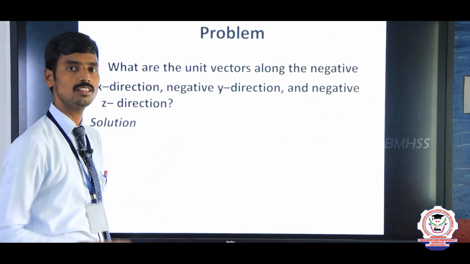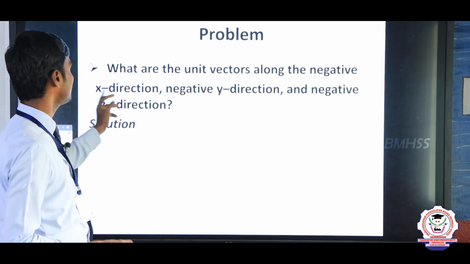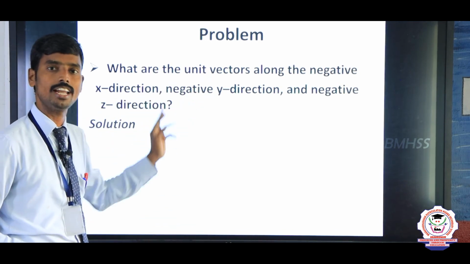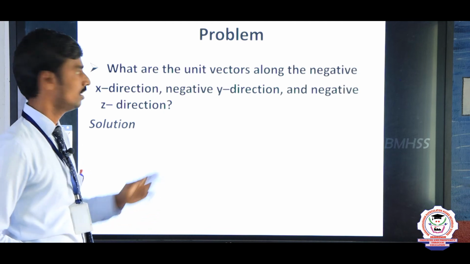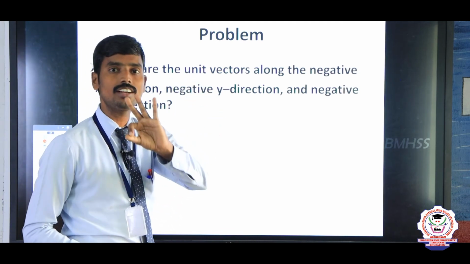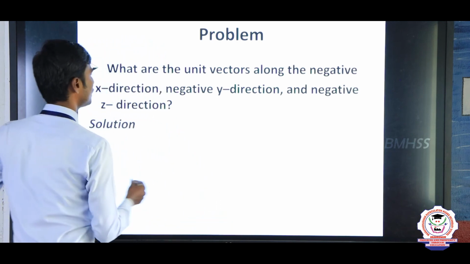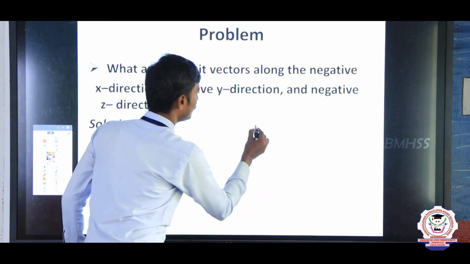Next one is a problem. What are the unit vectors along the negative x direction, negative y direction and negative z direction? Already we discussed three unit vectors: i cap, j cap, k cap. Let us consider the three dimensional Cartesian coordinate system.